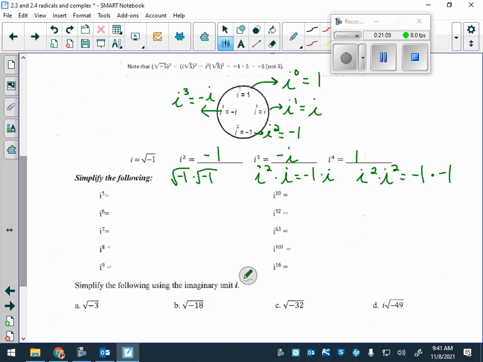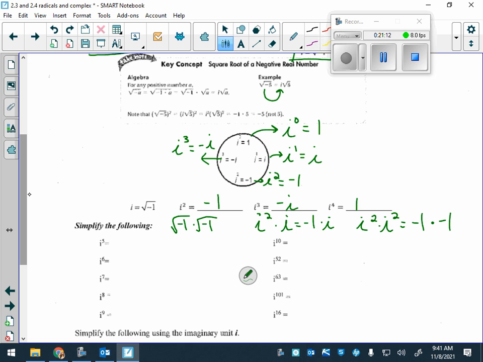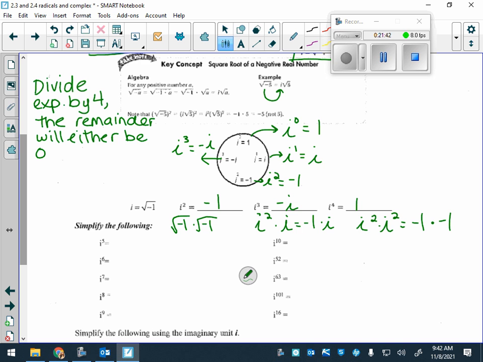So, whenever you're given i to a specific exponent, you want to divide the exponent by 4. And the remainder will either be 0, 1, 2, or 3.